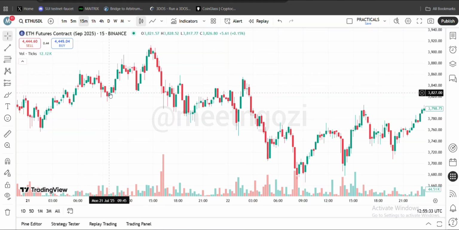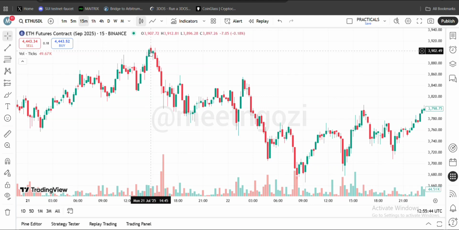It goes up, it makes another higher low, another higher high. So it keeps going that way, and you saw this higher low here. It made another higher high, taking out this previous one and creating a break of structure here.